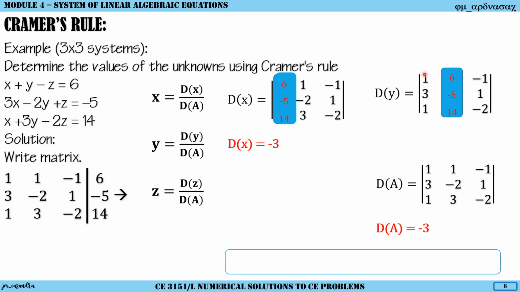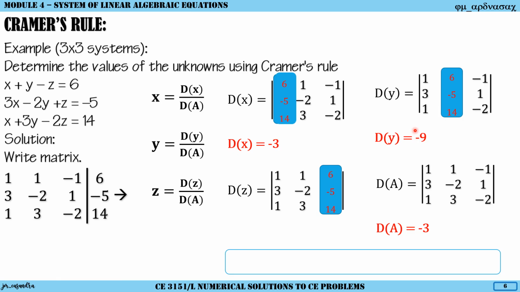Solving for the determinant, that will be negative 5 times negative 2 plus 6 plus 3 times 14 times negative 1 minus negative 5 times negative 1 minus 14 minus negative 2 times 3 times 16. And this will give us a value of negative 9. Then for the determinant for the z column, we change the z column with the constant values.